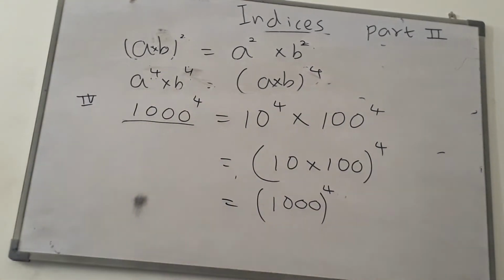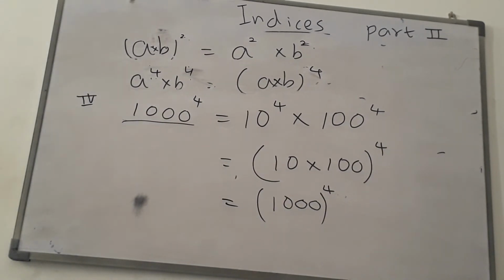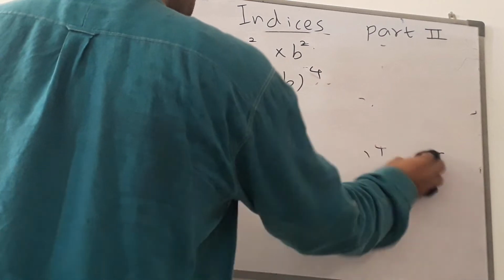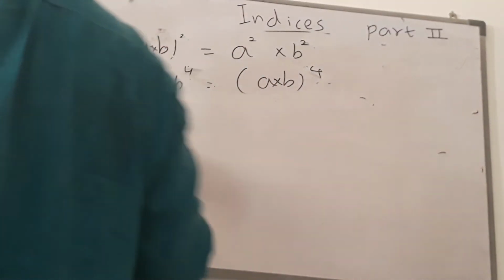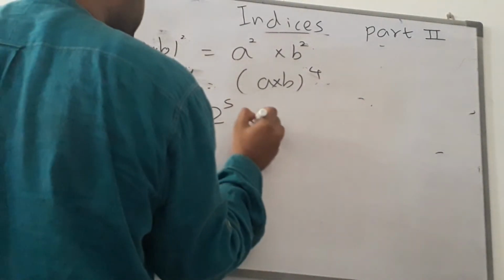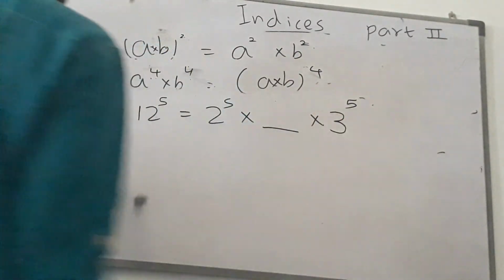Next question. 12 to the power 5 is equal to 2 to the power 5 times something times 3 to the power 5.